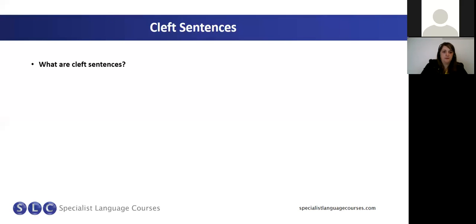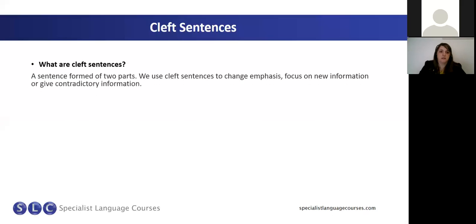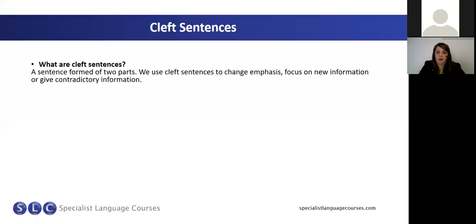A cleft sentence is a sentence formed of two parts, and we use cleft sentences to change the emphasis, to put focus onto new information, or to give contradictory information. Cleft sentences are a great way to improve your score for grammatical range in the IELTS speaking exam.